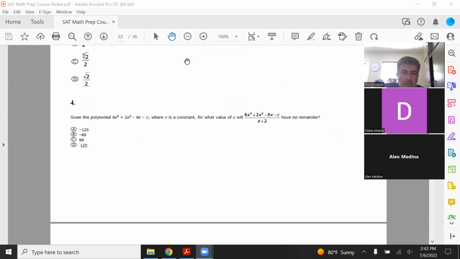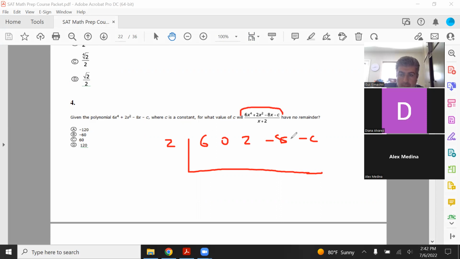Now this one, let me walk you through it because I don't know how well this might have been covered in pre-calculus or algebra or algebra 2. This is called synthetic division, where you're dividing two polynomials. You put the coefficients of the numerator inside this little box here. You start with the highest degree term and go down in order.